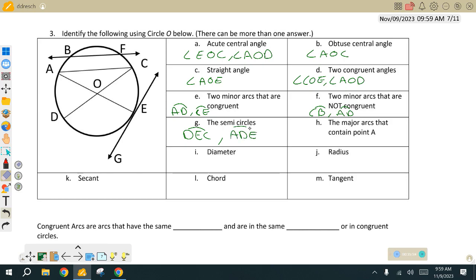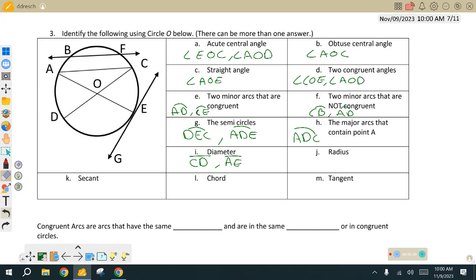And there's more than one answer. A major arc that contains point A. ADC. Walk it around, trace it out. ADC. That does sound like a major. It looks like a major. All right, a diameter, there's two options. Diameter is CD or AE, right?